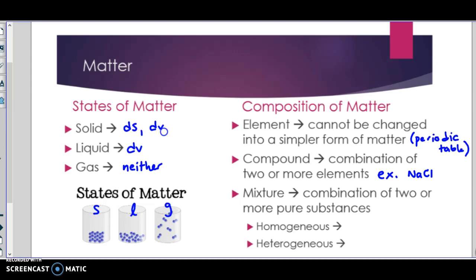A mixture is a combination of two or more pure substances. There are two types, homogeneous and heterogeneous. The prefix helps us know what the word means. Homogeneous means that it is uniform throughout, or the same. Heterogeneous means that it's not uniform or different.